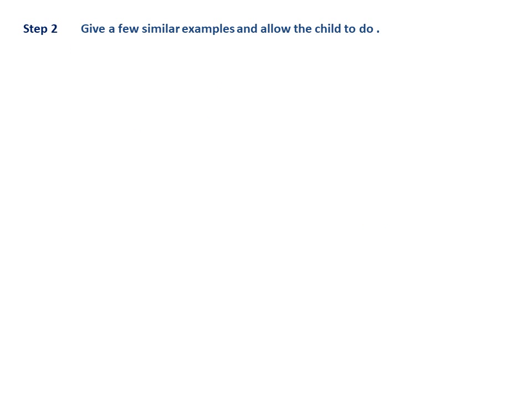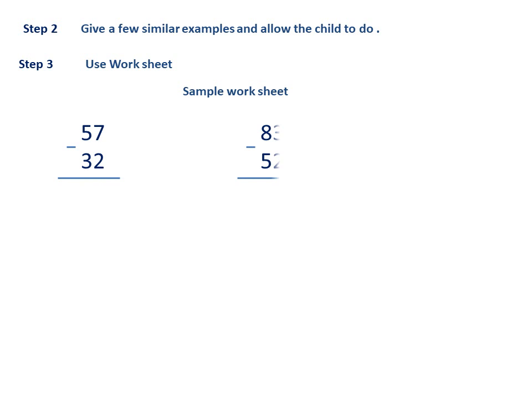Then step 2, of course, I told you this, I need not mention once again. Give a few similar examples on paper or slate, also better. Then allow the child to do it, so that the child will gain the confidence: okay, I can do this type of question. Then the worksheet, this also I have told you. For example, I have shown you one worksheet.